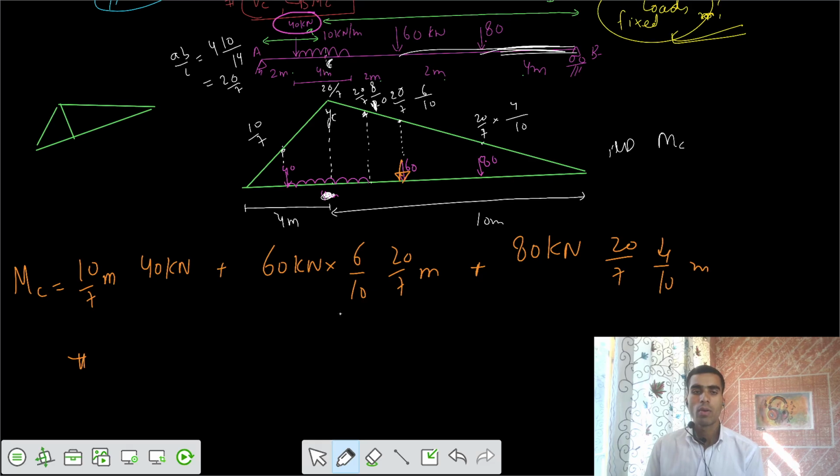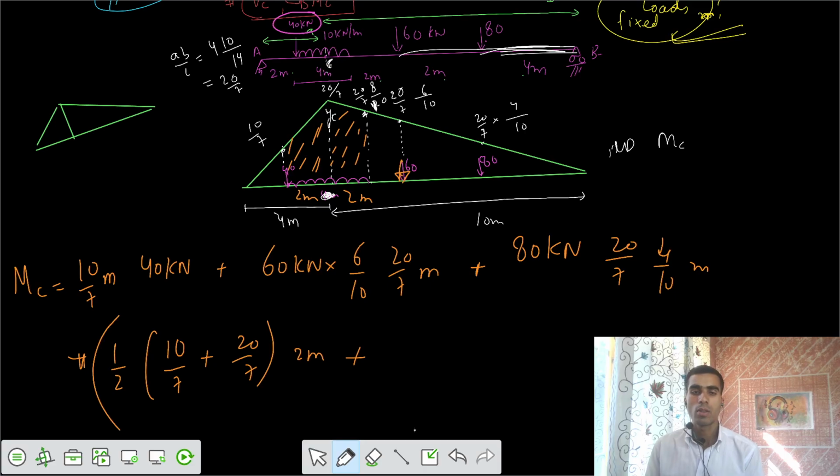Then after that we have the area under the UDL. One is this triangle, then a trapezium, then we have the second trapezium. For the first trapezium, I would write 1 by 2, that is 10 by 7 plus the sum of parallel sides, plus 20 by 7, and the length is 2 meter. We have 2 meter, and this one is also 2 meter, plus.